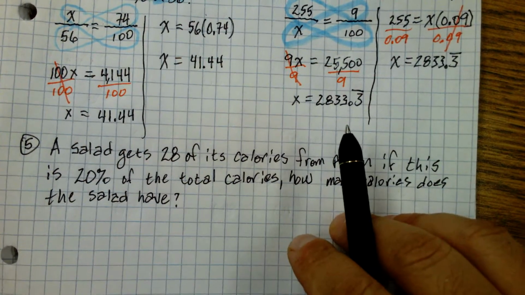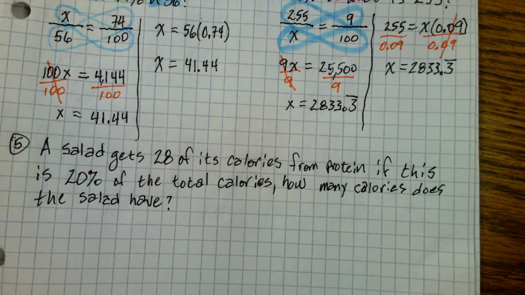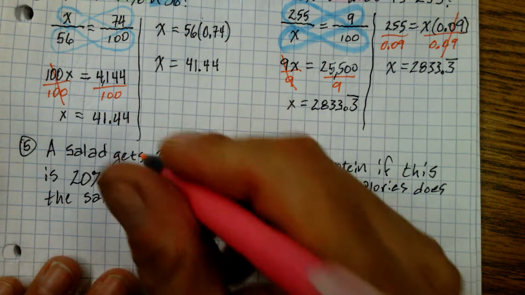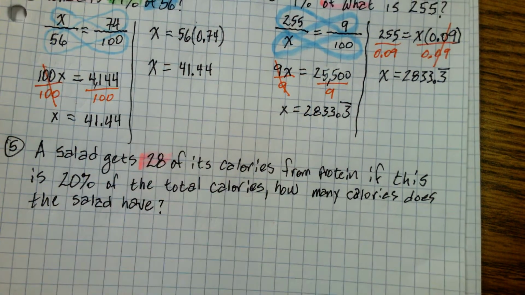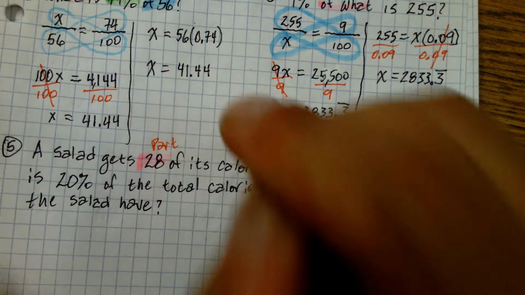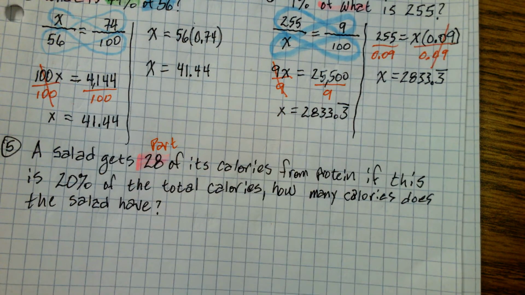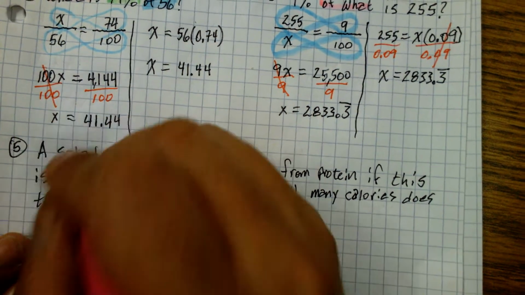You guys want to do the percent equation? Okay. So we still have to determine which is the part, which is the whole. So 28, part or whole? The only other number I see there is the percent, so that's obviously the percent.